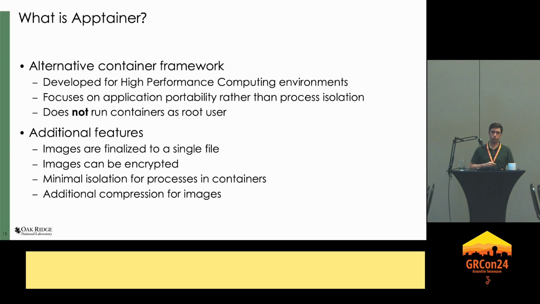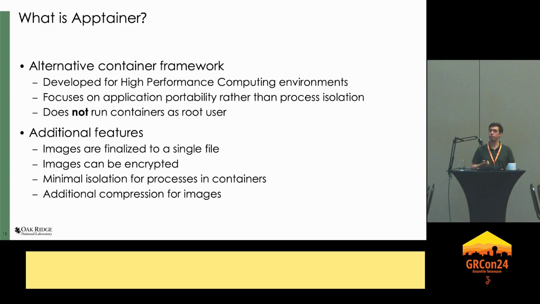And some additional features that Docker does not have is that instead of a big stack or collection of immutable layers, images are finalized into a single file that exists on your host's file system. Additionally, images can be encrypted, and this is really neat because with Docker, you cannot encrypt your images unless you export them to a tar file and then maybe encrypt that later.